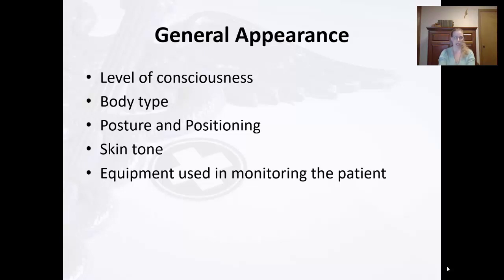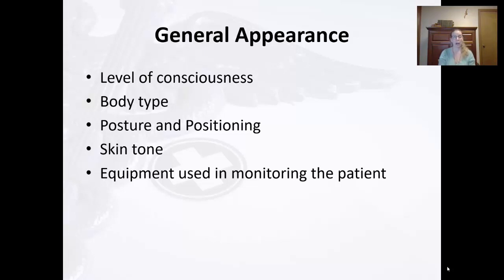How they're positioned can be altered by our physical therapy interventions, and when we evaluate them, we may find that their most comfortable position is actually not the best position for them to be exercising in or to be working on breathing. Skin tone can tell us a lot about how hard the patient is working.